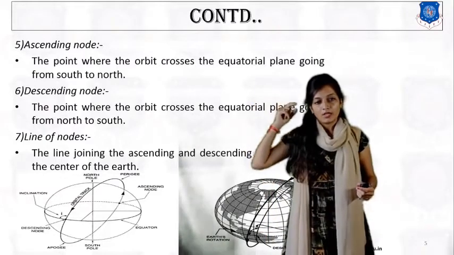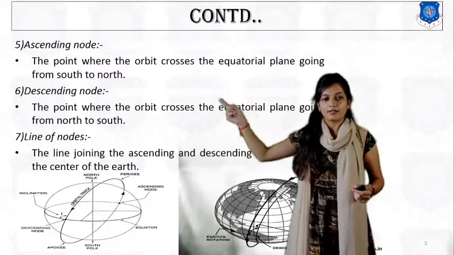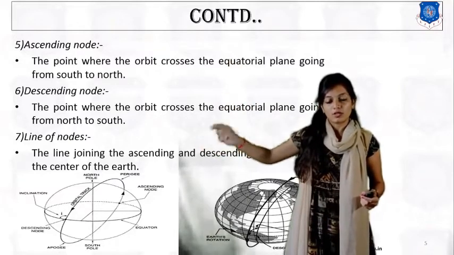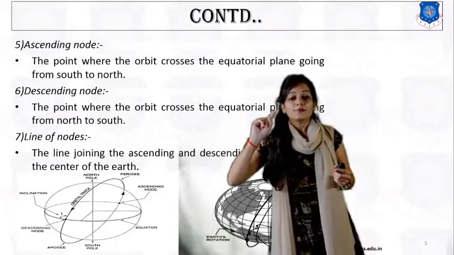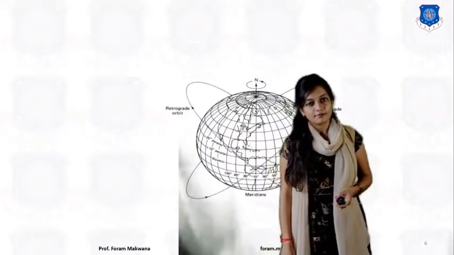Right? Line of nodes includes the ascending and the descending node. So the line joining these two is called line of nodes, and the line joining apogee and perigee is called line of apsides.